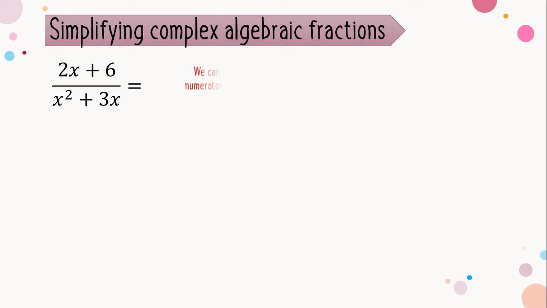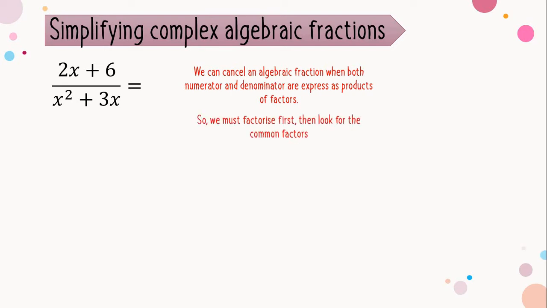So what should we do first? This is the thing that we need to remember. We can cancel an algebraic fraction when both numerator and denominator are expressed as a product of factors. So we must factorize first, then look for the common factor.